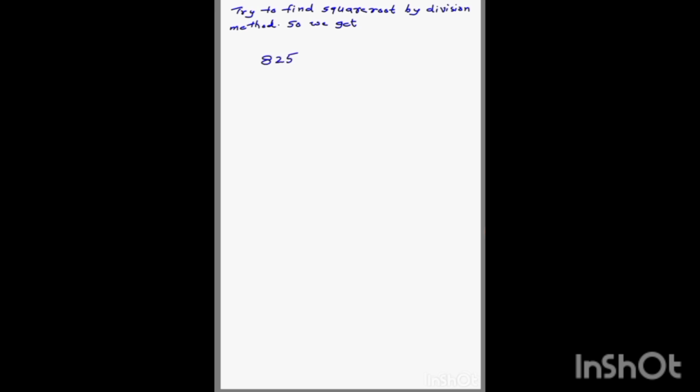So we are given 825. Draw the horizontal and vertical mark, and then mark the bars as 25 and 8 from right to left. Now check for the number whose square is less than 8.